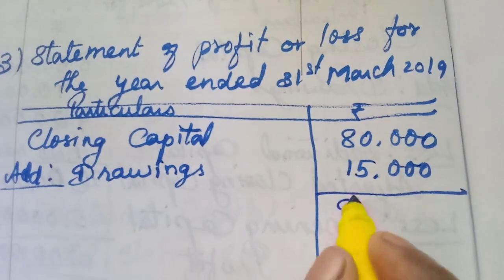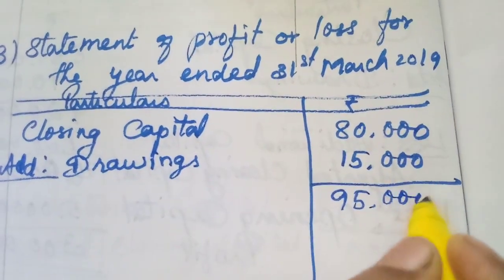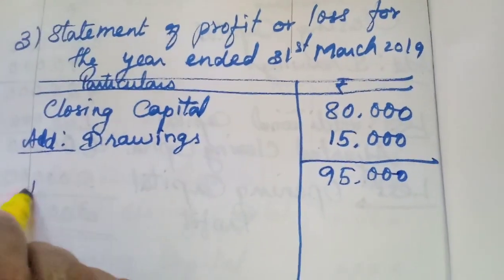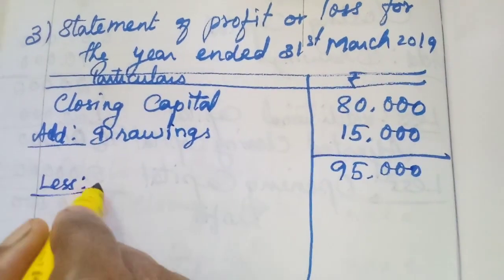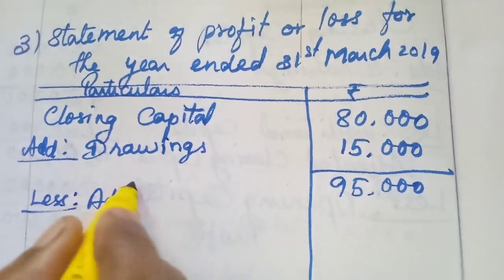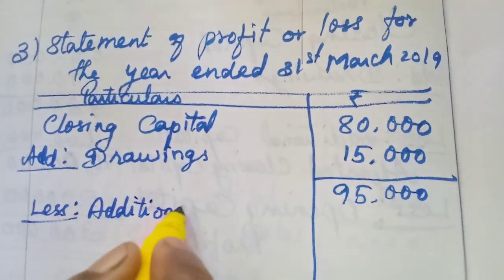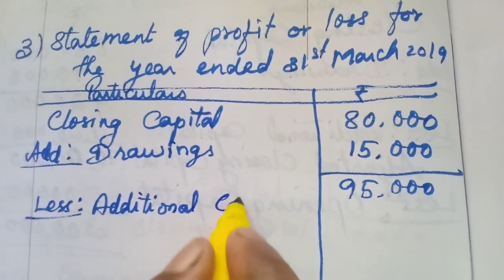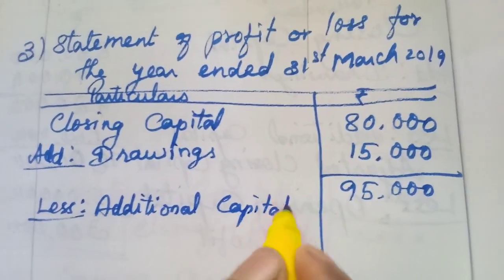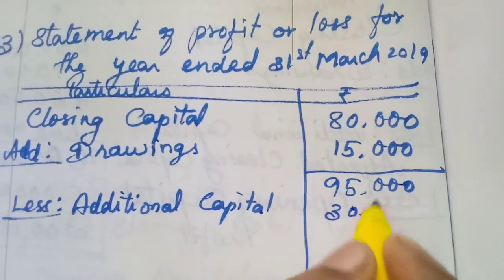Add, 95,000 we will get. Then less additional capital. How much additional capital is given? 30,000, isn't it? You have to write 30,000.